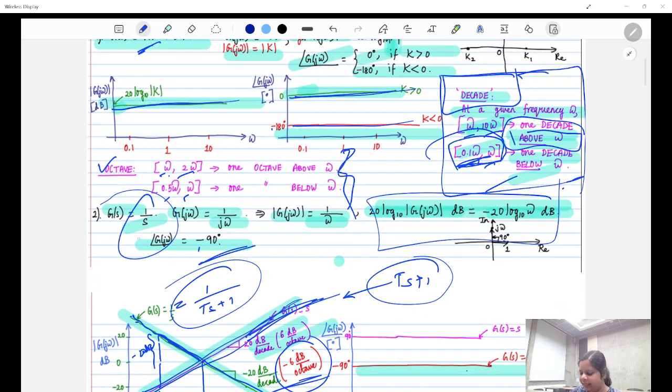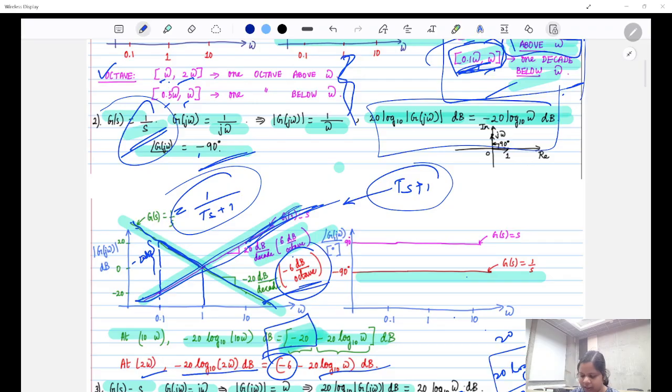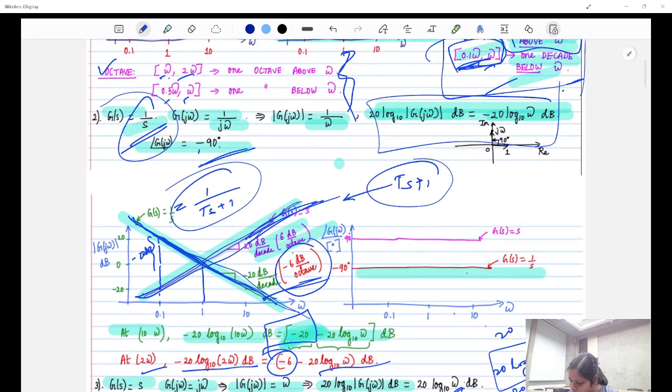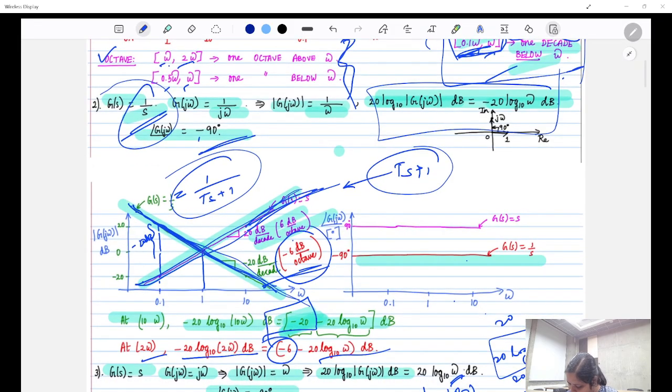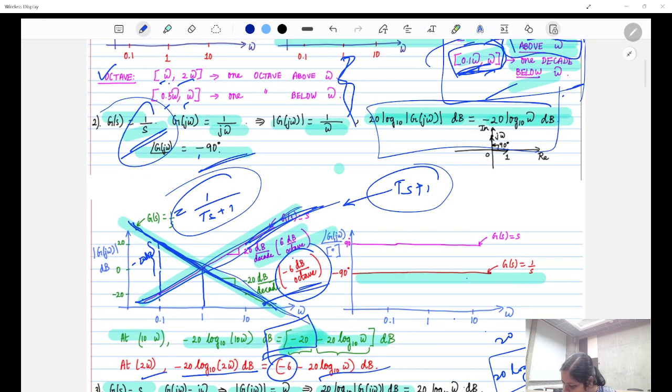So we saw the transfer function and the Bode plot for the integral term, which is sloping downwards at minus 20 dB per decade. How did we arrive at this figure of minus 20? The whole logic is we check for omega. Yeah, if we check for omega, it's going to be this quantity, right? Minus 20 log 10 omega dB.